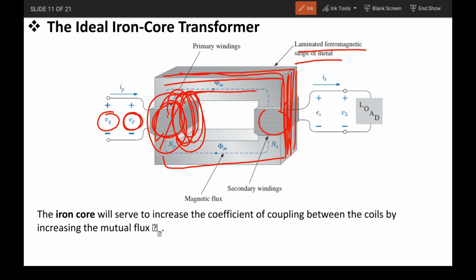Next, this phi m is the shared flux, the mutual flux, and this will be cut by the secondary, where ES will be generated due to the mutual inductance. This is connected to the load since it is the secondary, and VL is the voltage across that secondary winding.